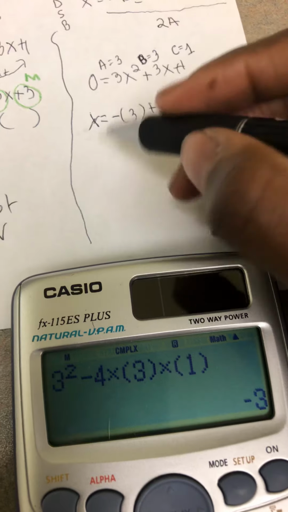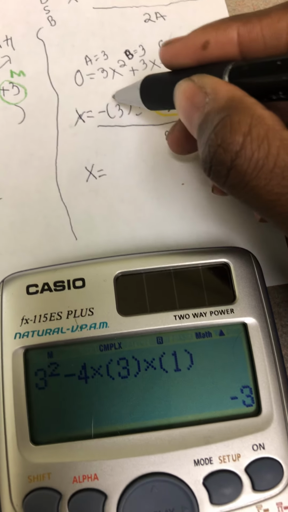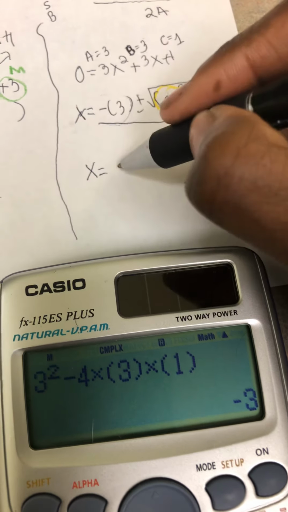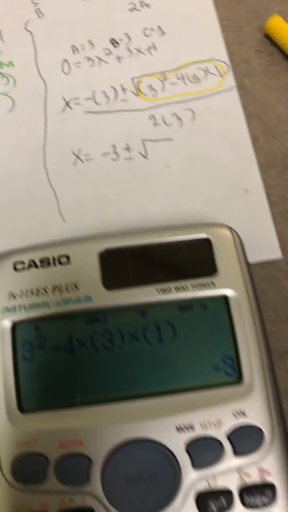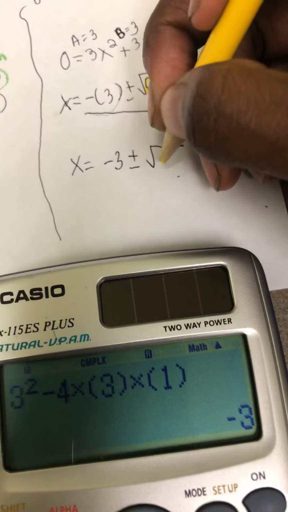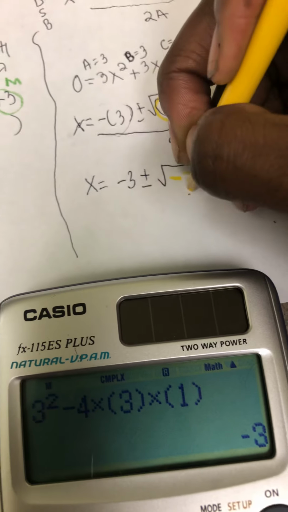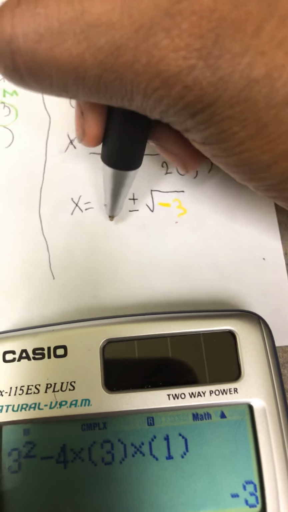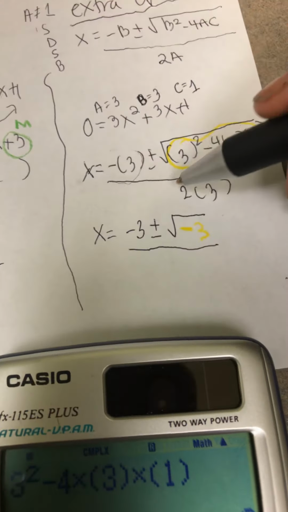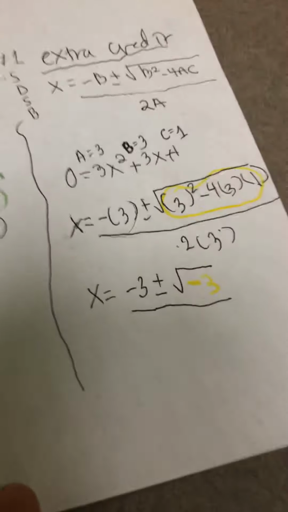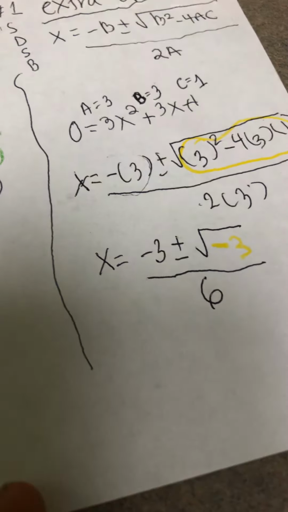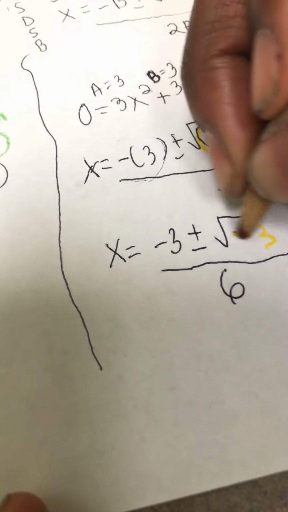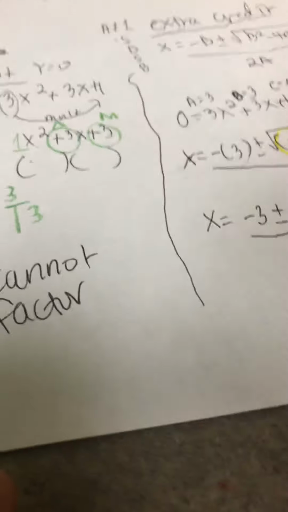So I'm going to go ahead and just simplify this stuff a little bit. So this right here is going to be negative 3. Bring down that plus minus. And now we know underneath the radical is negative 3 because of our calculator, okay? And then this is all being divided by 2 times 3, which is 6. From here, remember whenever you have a negative on the inside of your radical, that means it's imaginary, so it has to come out as an i.